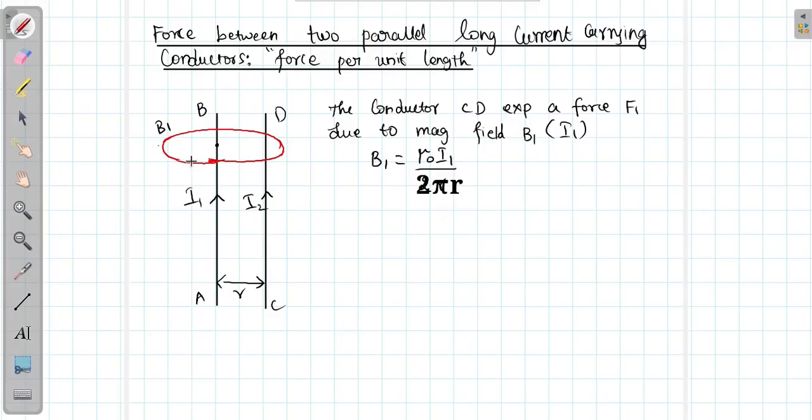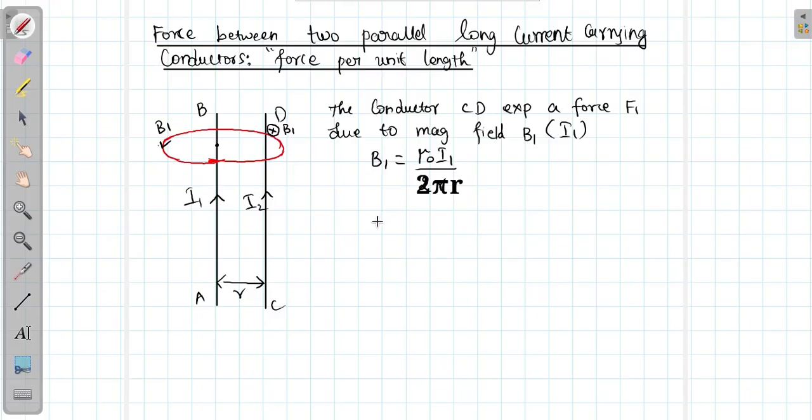According to the right hand curl rule, the current is in the upward direction, so the magnetic field will be like this. At this particular point, over the entire conductor CD, the magnetic field B1 points into the plane of paper.